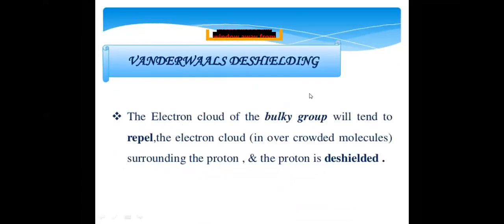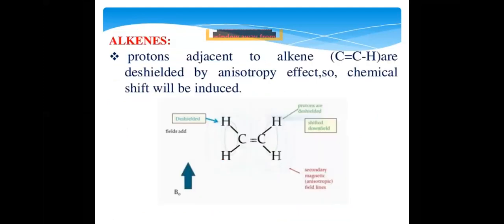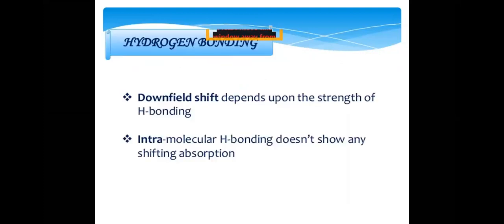Similarly, with van der Waals force, bulky groups repel the electron cloud and deshield the protons. Anisotropic effects, like a double bond: the anisotropy will be greater and the nucleus will be deshielded. We discussed that in alkenes as well.